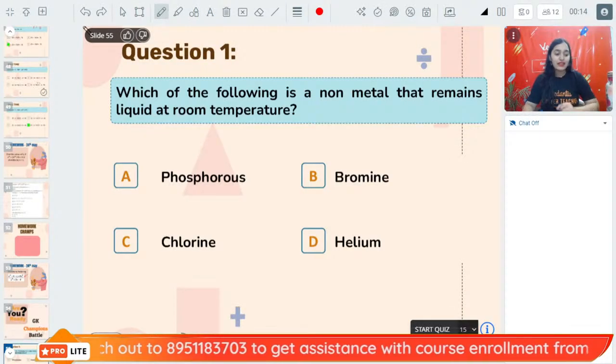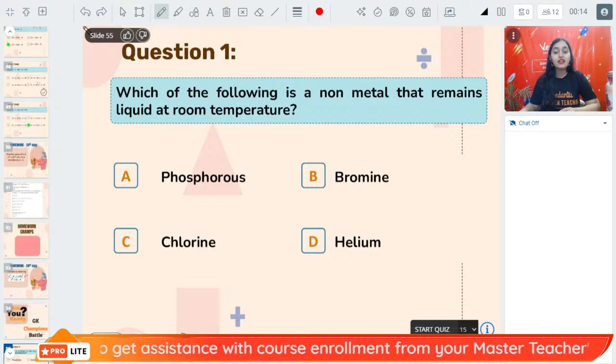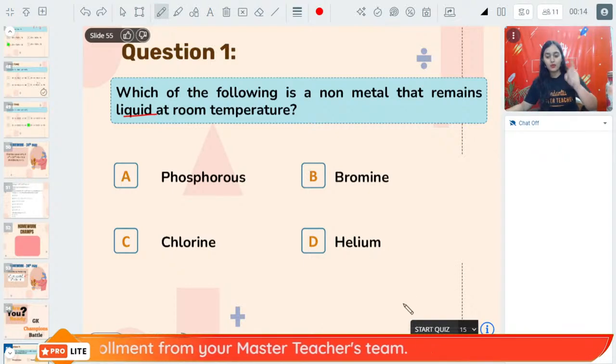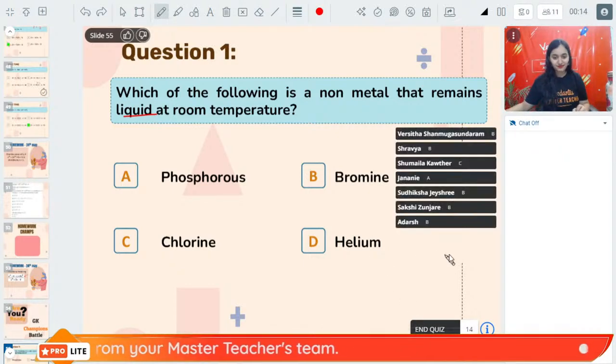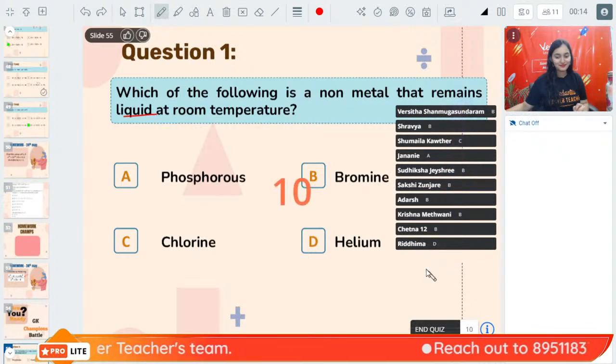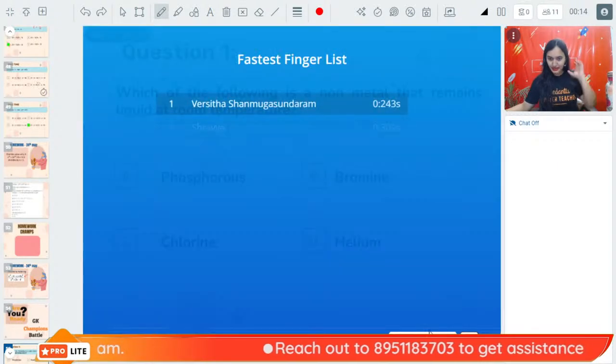Let's go. Question number 1 on your screen. Which of the following is a non-metal that remains liquid at room temperature? 3, 2, 1, go. And everybody has answered.